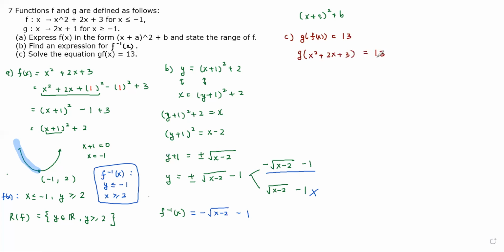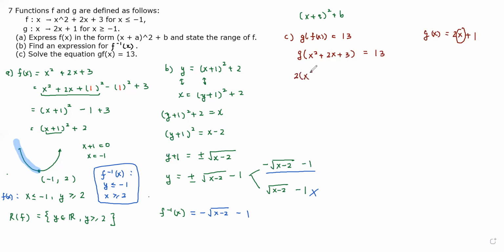This equals 13. We know that g(x) is 2x + 1. So for g(x² + 2x + 3), we need to replace this x with all that.